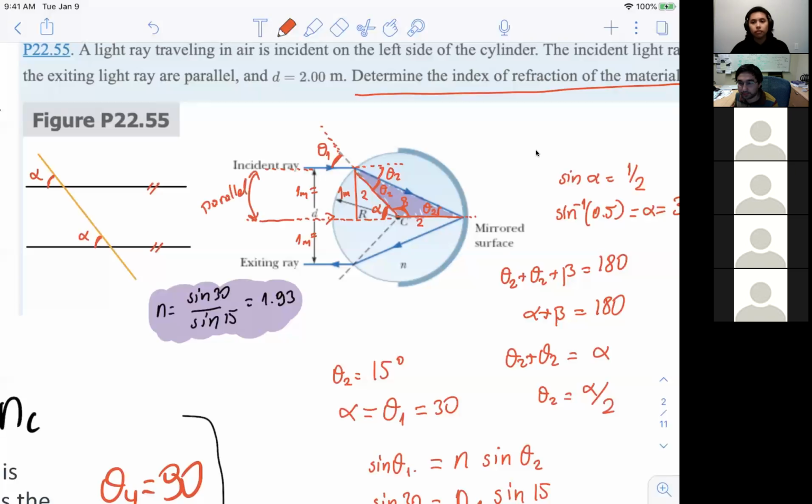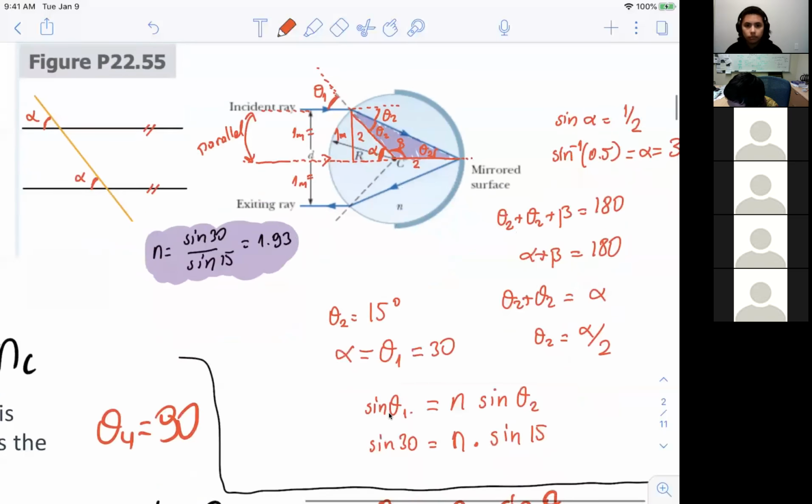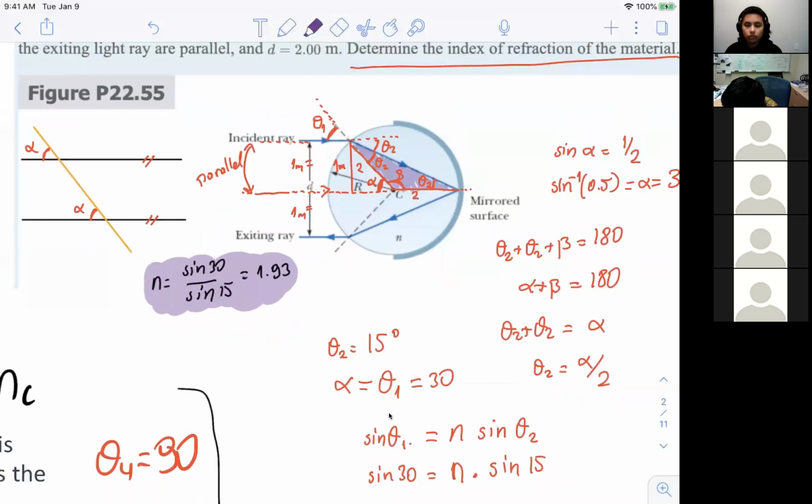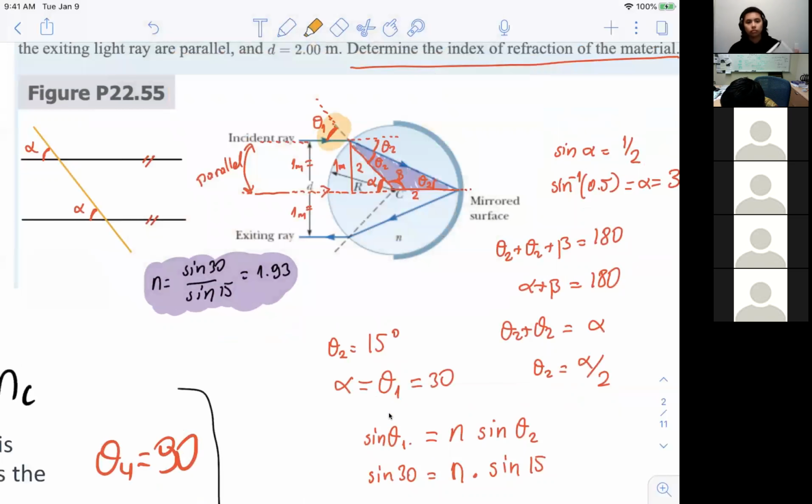Okay. Professor, can you clarify why n equals sine 30 over sine 15? Here I use Snell's law. I know that theta 1 is alpha, which is 30 degrees, and theta 2 is 15 degrees.